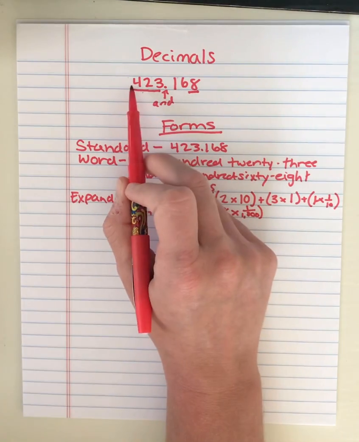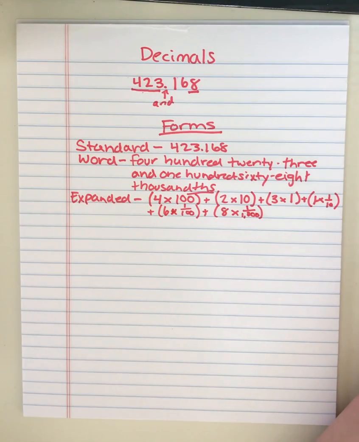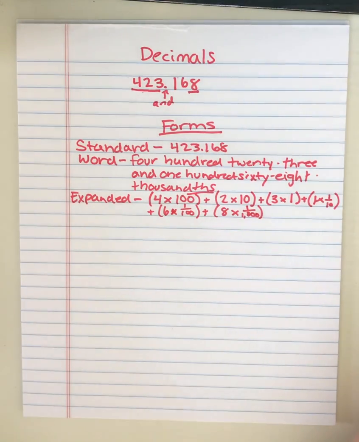So this decimal, 423 and 168 thousandths, can be represented 3 ways. In standard form, using just the numbers, word form, writing out how we would read the decimal, and then finally expanded form, where we write the number and what place value spot it is in.